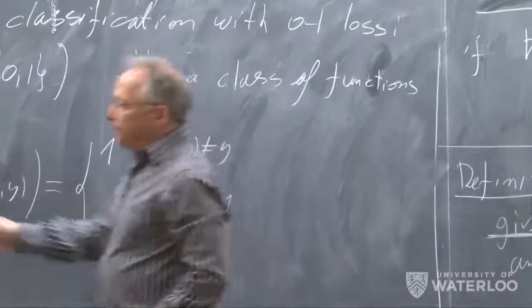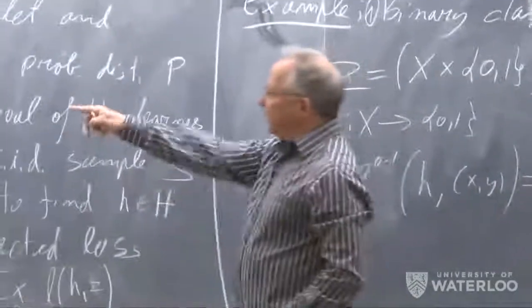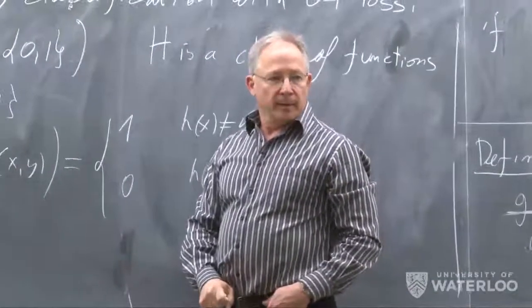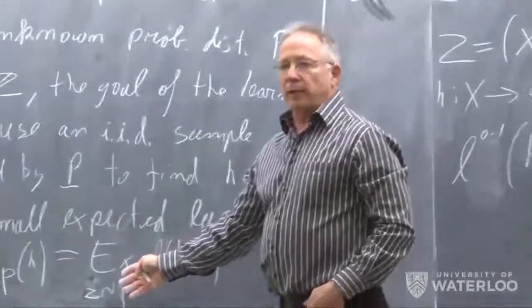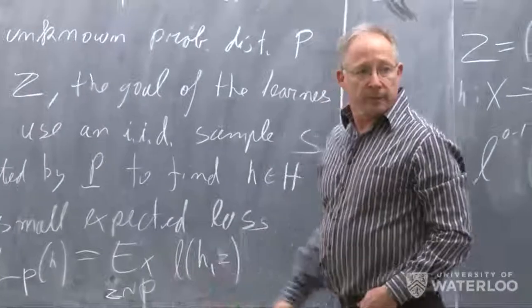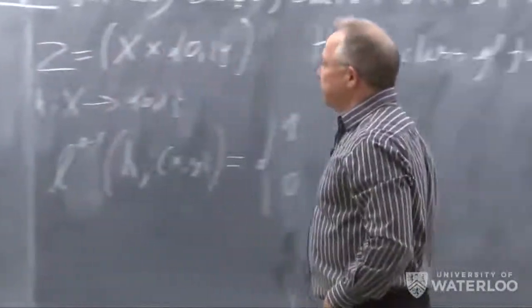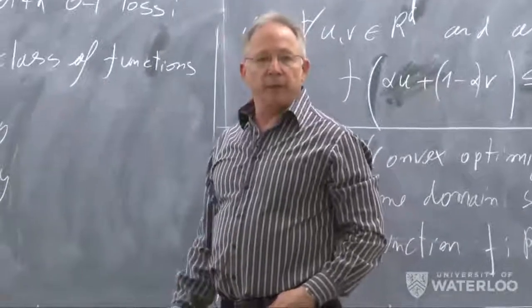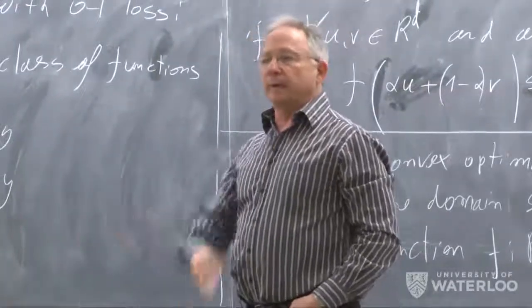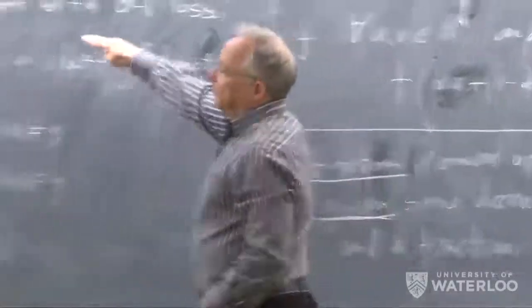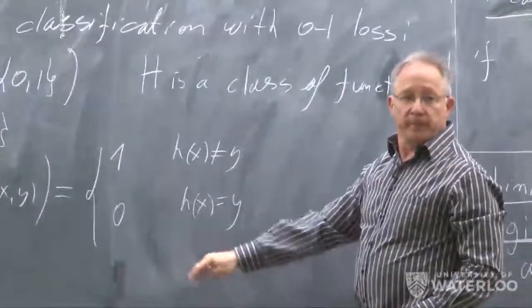Our sample S consisting of elements of Z was a sequence of such pairs. And this expected loss was just the usual expected error of our classifier h. That's the example that we've been focused on so far, and this is the type of learning for which we had all our results. The fundamental theorem, VC dimension, they all talk about this framework.